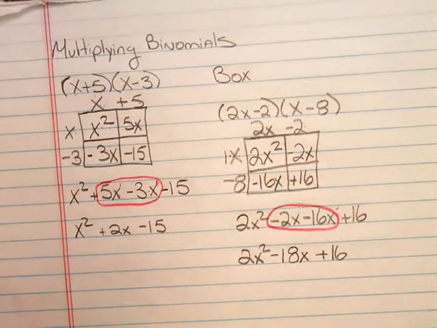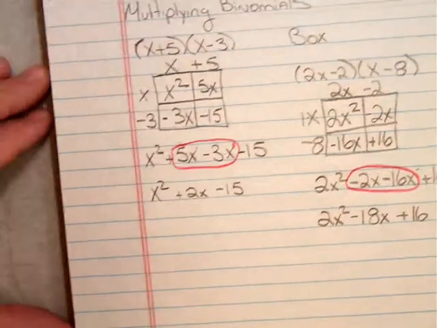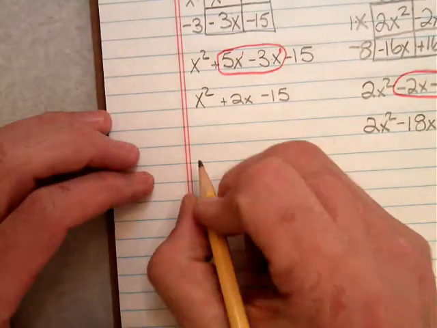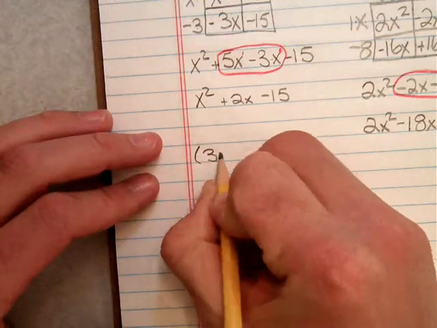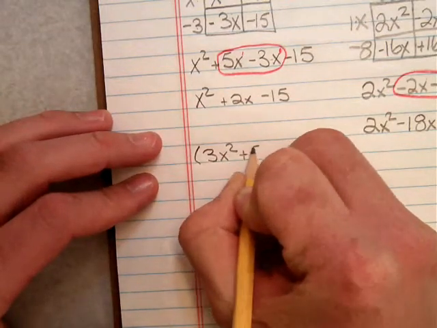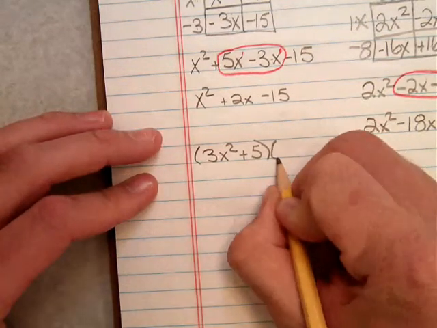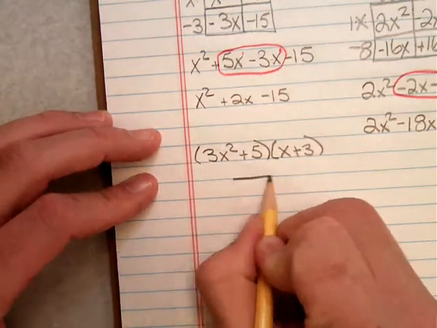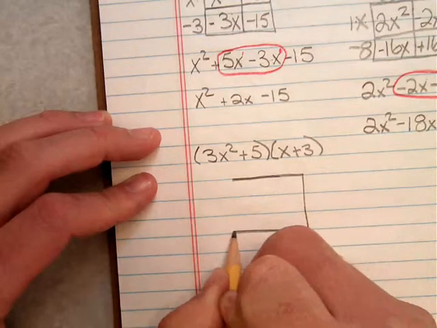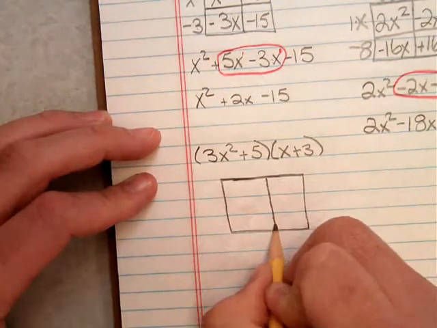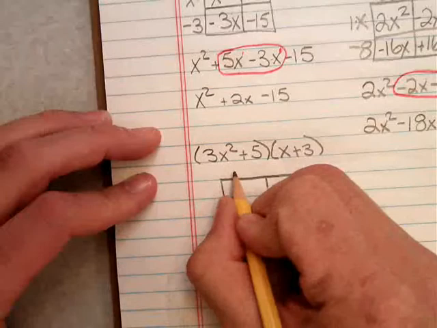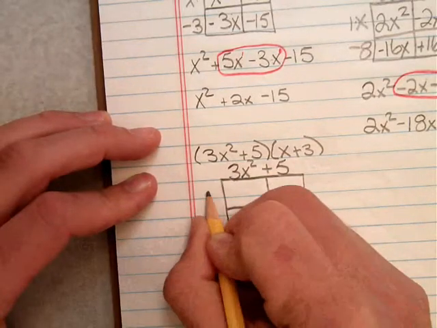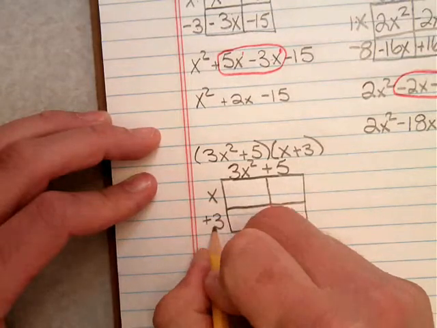Let's look at one more just to be sure, and then we'll move on to the assignment after the video. So this first one is going to be 3x squared plus 5 and x plus 3. I'm going to make the box, divide it up, and 3x squared plus 5 goes along the top, and x plus 3 goes along the side.